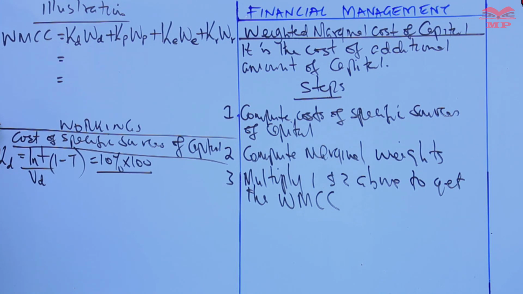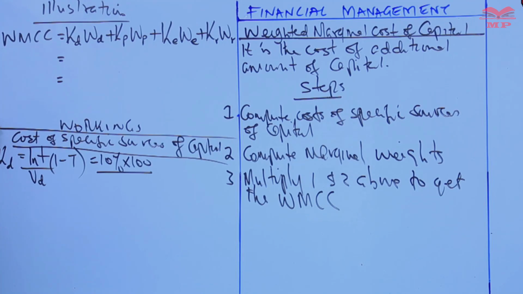That is the current value. And the book value or the par value can be obtained from the capital structure. So the par value is supposed to be 10% of how much?